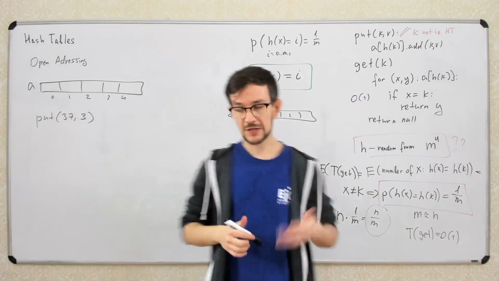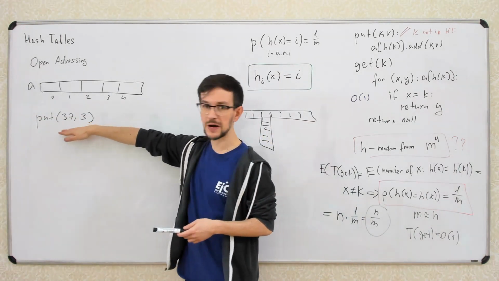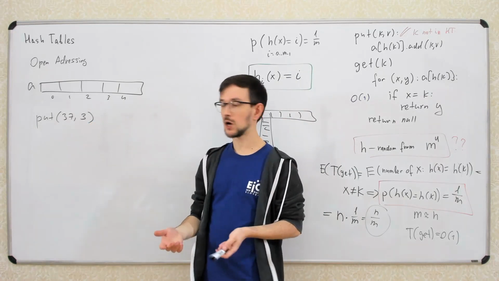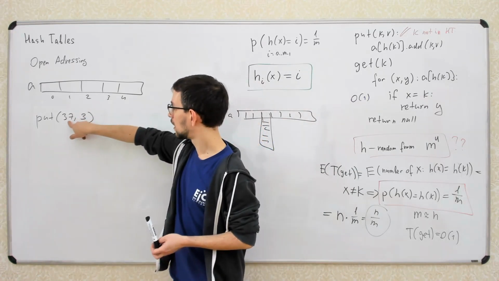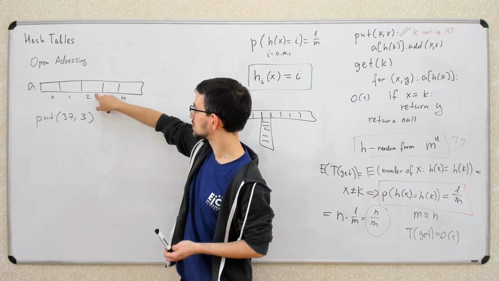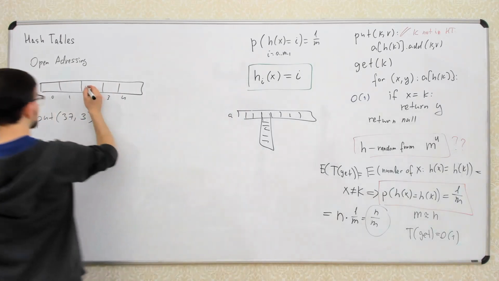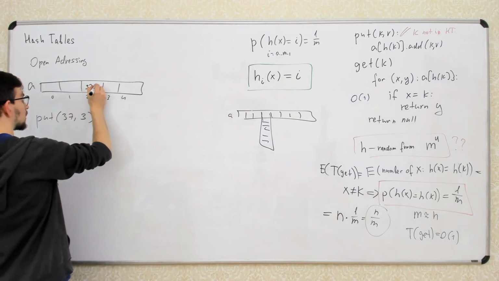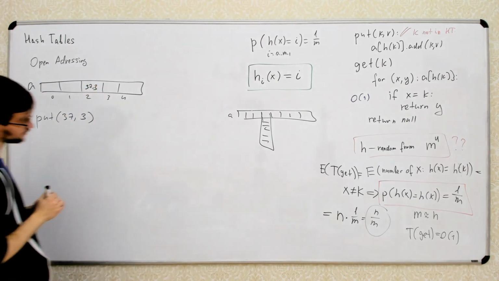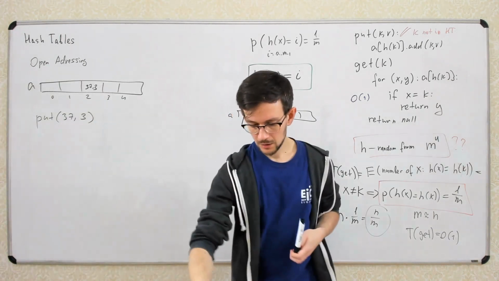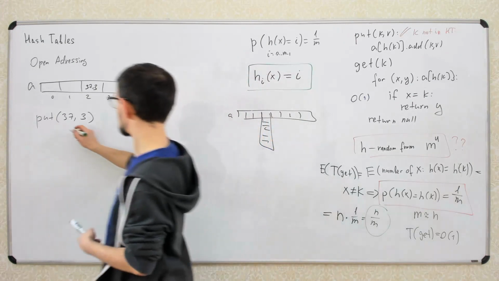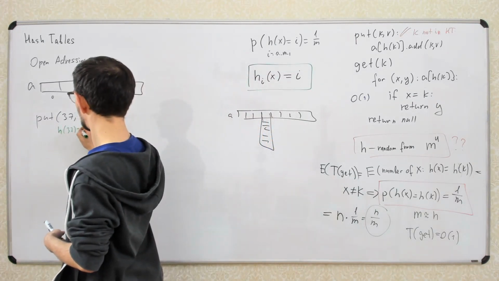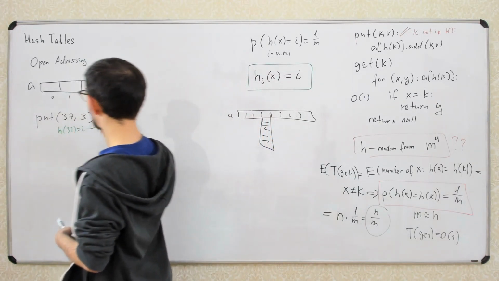So again, the idea is the same. You get this pair, you calculate the hash code, and put this pair in the cell. This hash code, so put it here. Again, you calculate this hash value equal to 2, go here and put this value here.